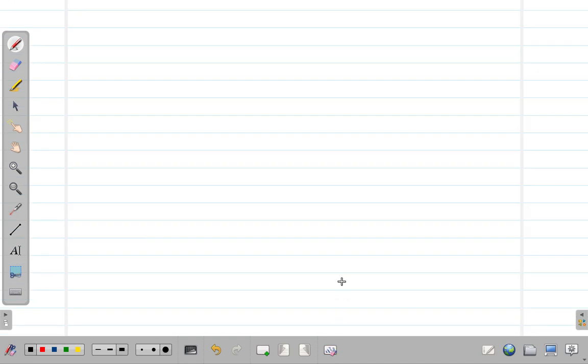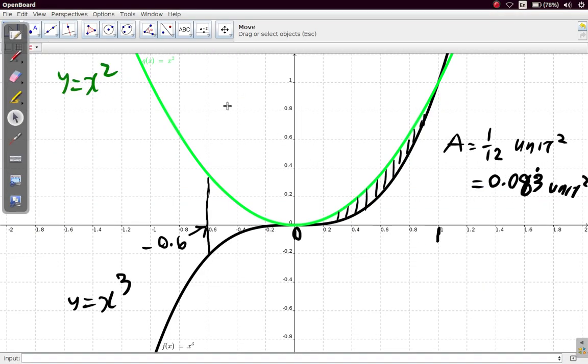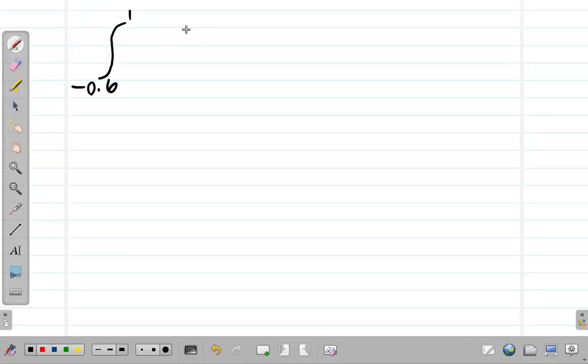Let's just erase what we have here. We integrate from negative 0.6 to 1 of x squared minus x cubed dx.